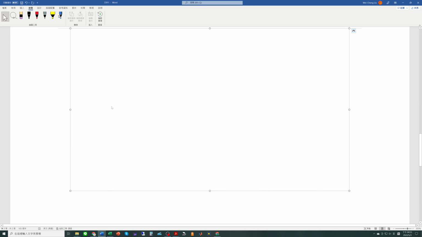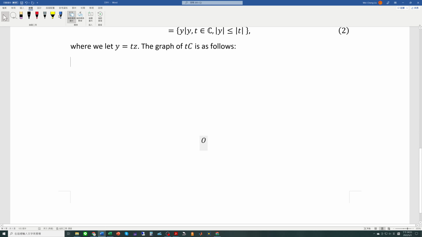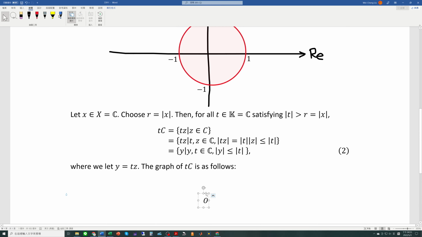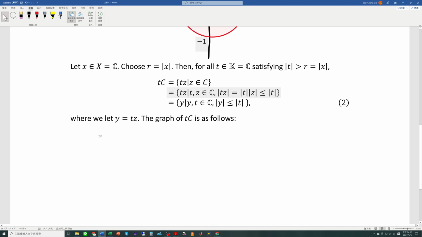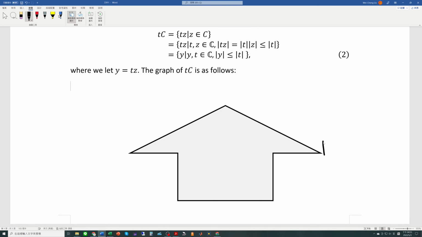This O should be placed here. Good. As follows. So let me draw the axis again. Like this.